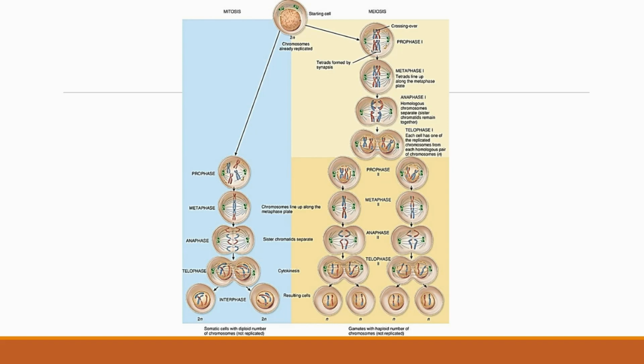And then in anaphase, the homologous chromosomes are separated from each other, not the sister chromatids like in anaphase in mitosis. Then in telophase, we have the formation of the nuclei around the newly separated chromosomes, and cytokinesis follows.